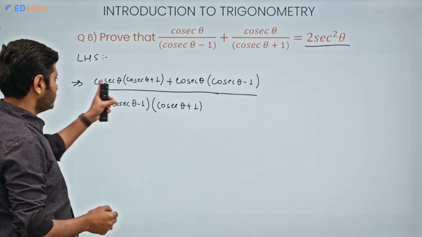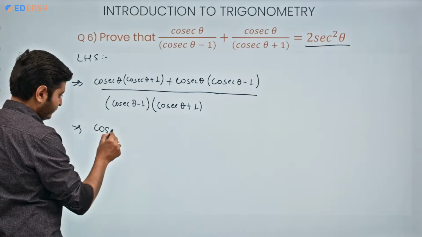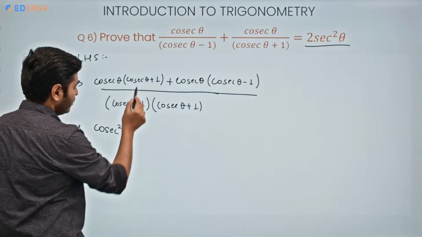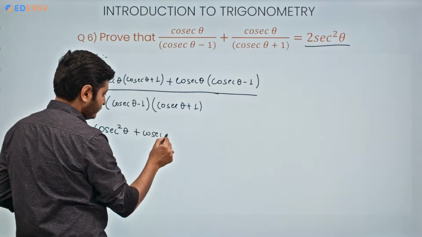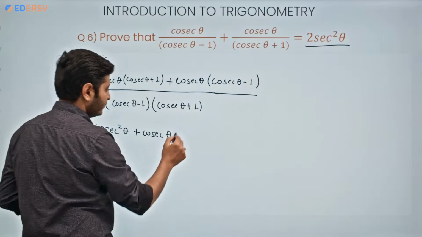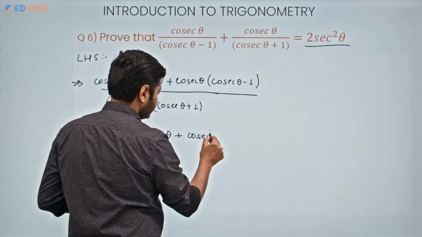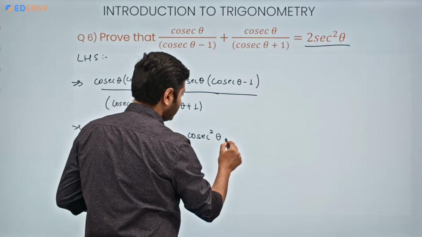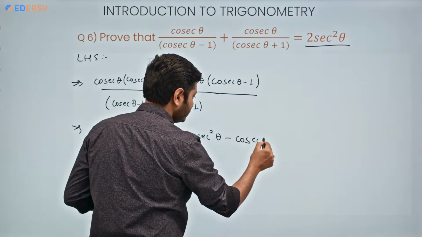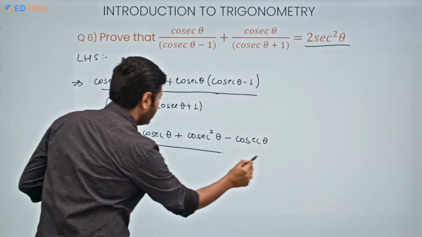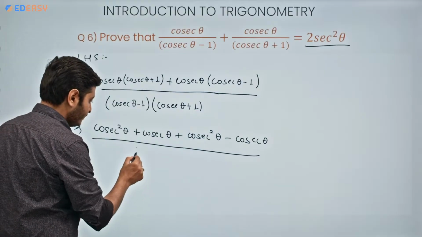Multiply them. Cosecant into cosecant, cosecant square theta plus cosecant theta. Here again cosecant into cosecant, cosecant into minus 1, minus cosecant theta, divided by a minus b into a plus b, a square minus b square.